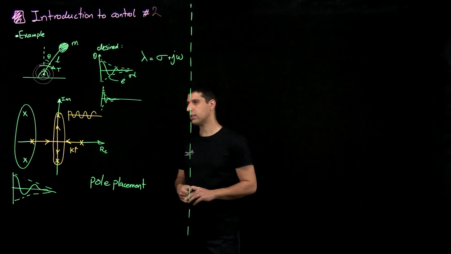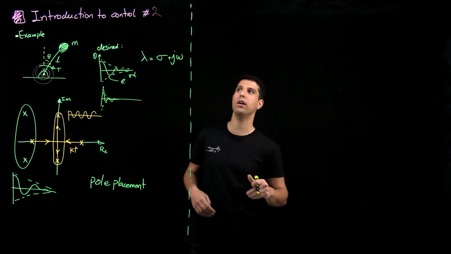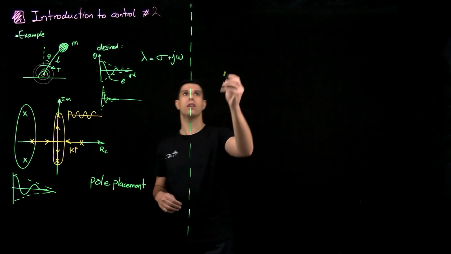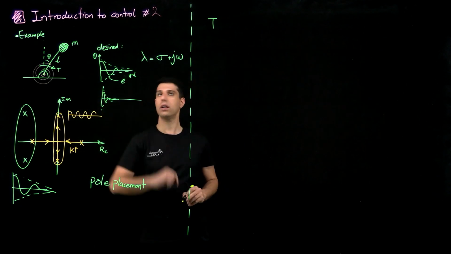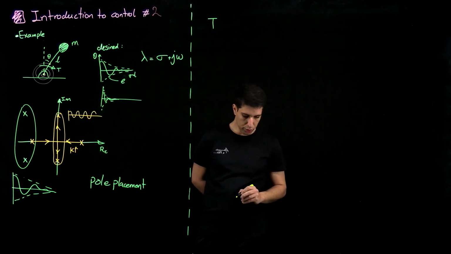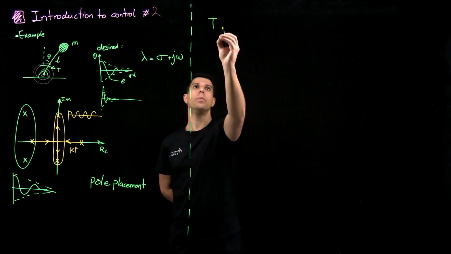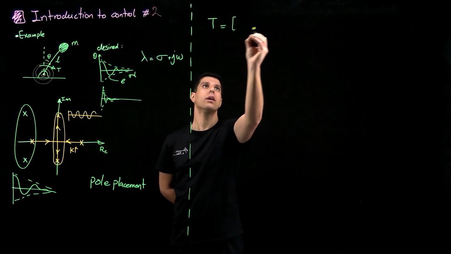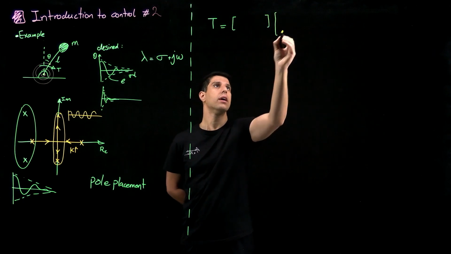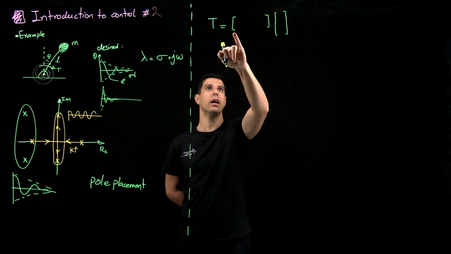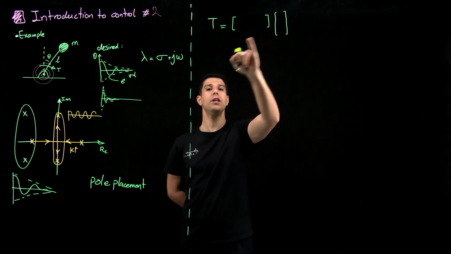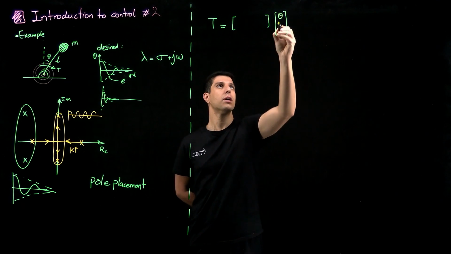So to do that, without getting into detail why this may or may not work, let's take my torque that is applied here to be a feedback that measures my state, theta and theta dot.